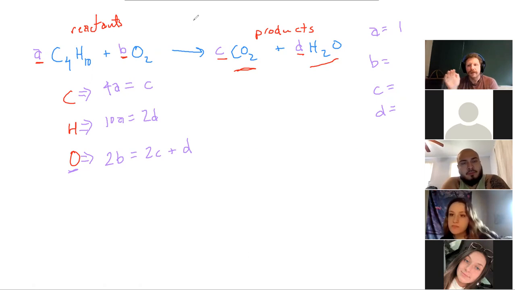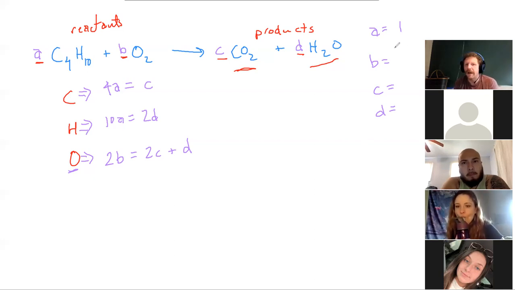There might be a multiple in there, but we'll deal with that when we need to. We're using this simply as our means to solve for the values for B, C, and D. Is everyone with me on that one? Okay. So we're going to say A equals 1.